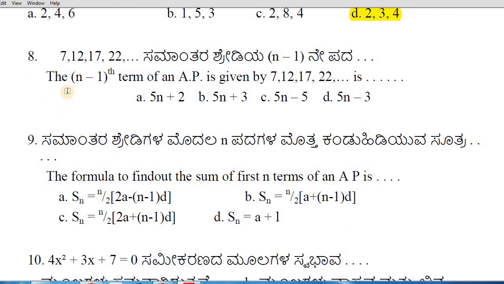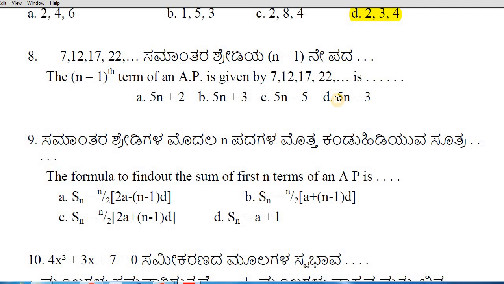Question number 8. The n minus 1th term of an AP given by 7, 12, 17, 22 is. Options are 5n plus 2, 5n plus 3, 5n minus 5, 5n minus 3. Children, it is a very nice question. Here we have to find the n minus 1th term.